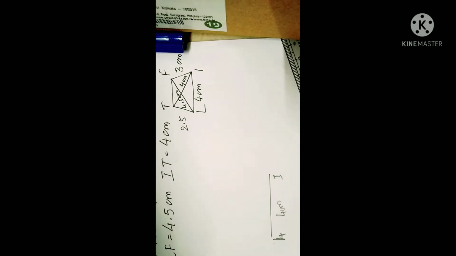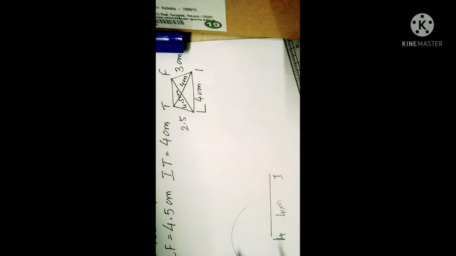Now, take 2.5 from L. If you take and cut an arc, so you feel that somewhere here on this arc T is there, and from I it is 4 centimeter.